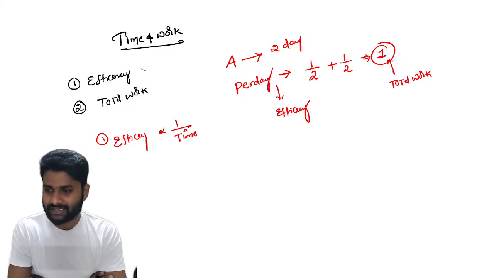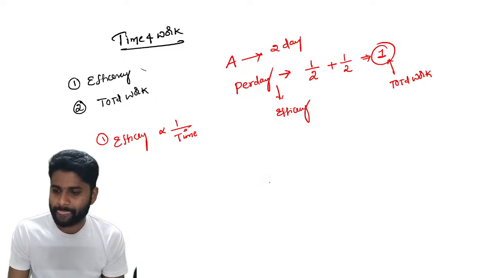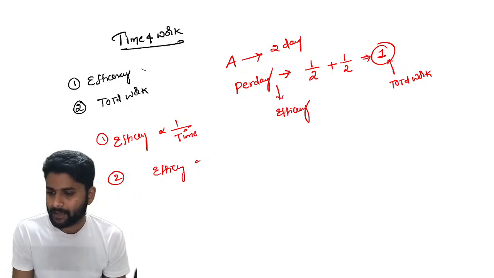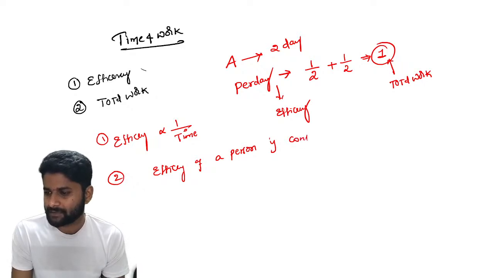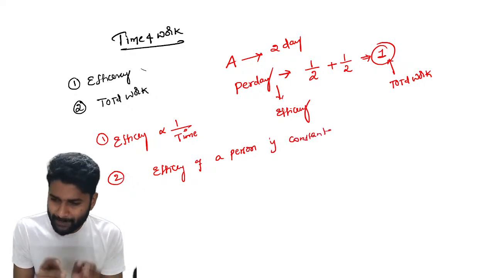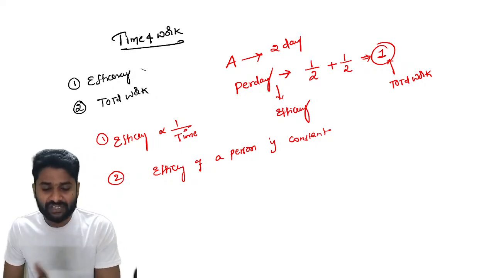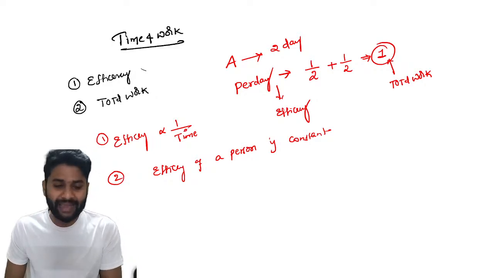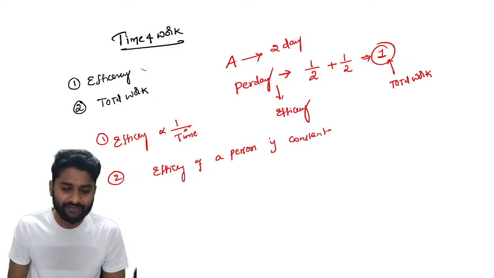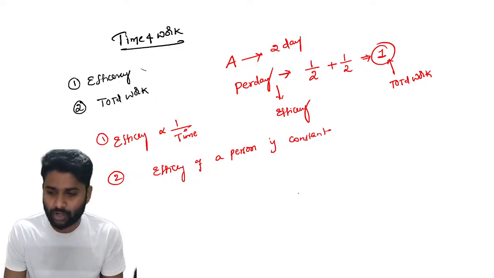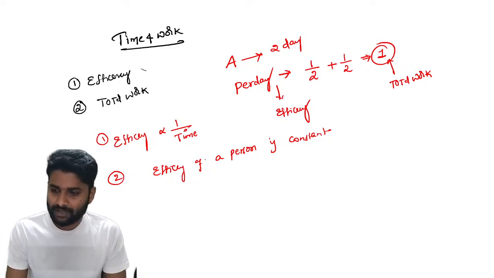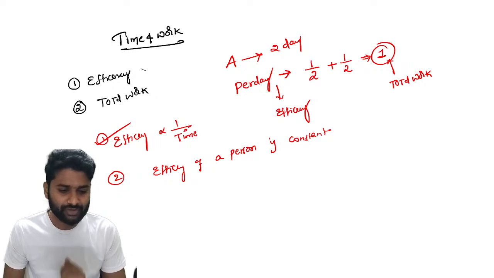If A takes 2 days, the efficiency of that person is 1 by 2. The second point you should understand is that the efficiency of a person is constant. The per day work of each and every person is always constant. Why? Because efficiency is inversely proportional to time. If you maintain that same efficiency every day, then the whole work is completed on time. So is it clear? The most important point you learn from this slide: efficiency is inversely proportional to the time.